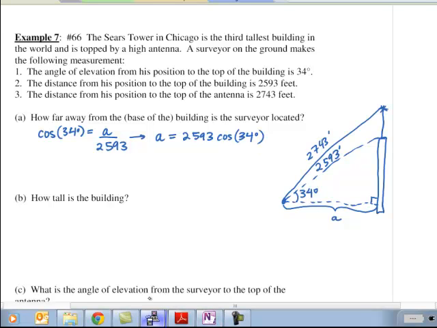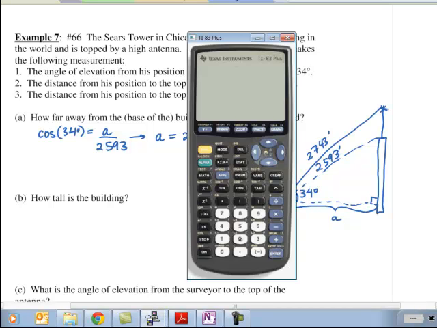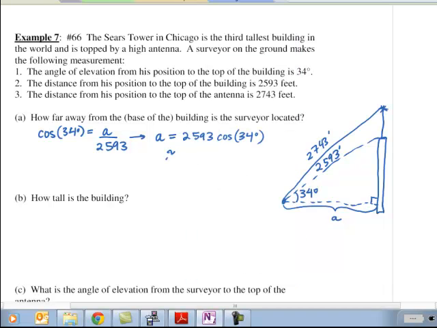Grab your calculator. I'm in degree mode, so that should be right: 2149.69 feet. So I'll put that in here.